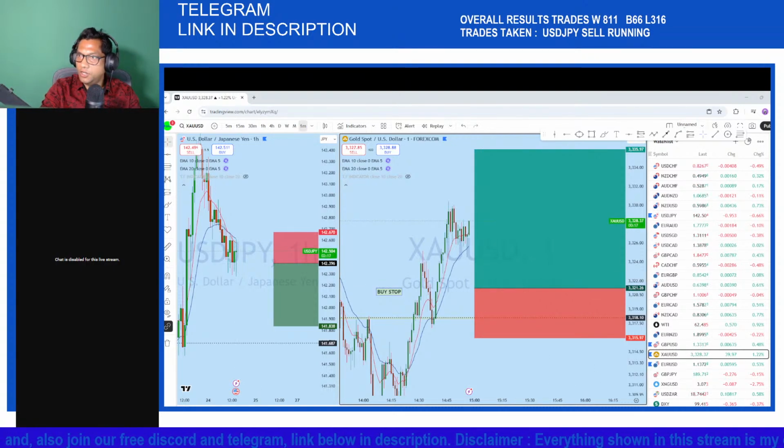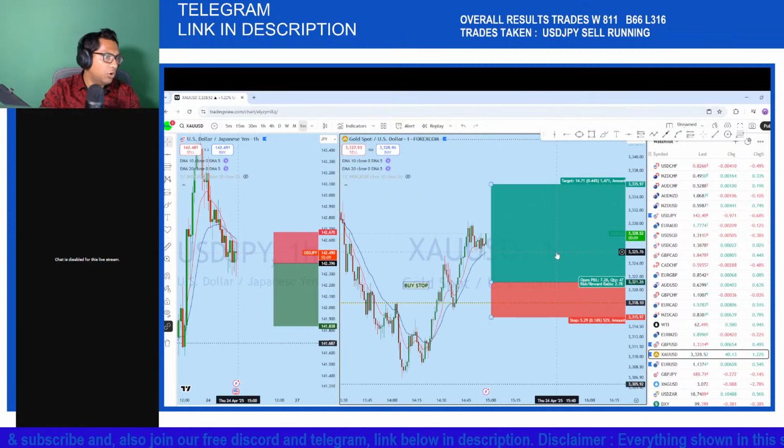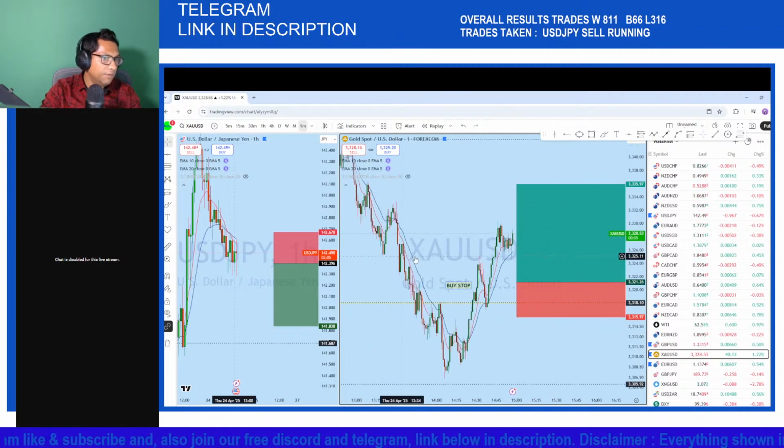And potentially the market to bounce, and I'm holding it, while dollar yen again is moving sideways.